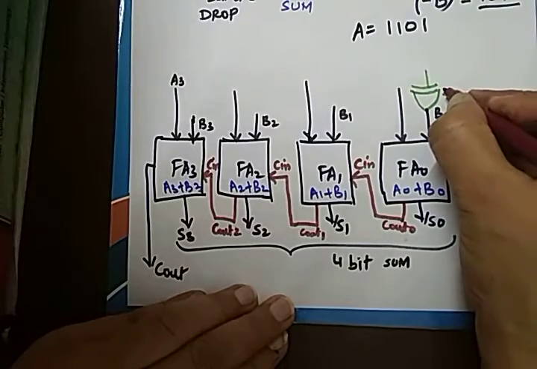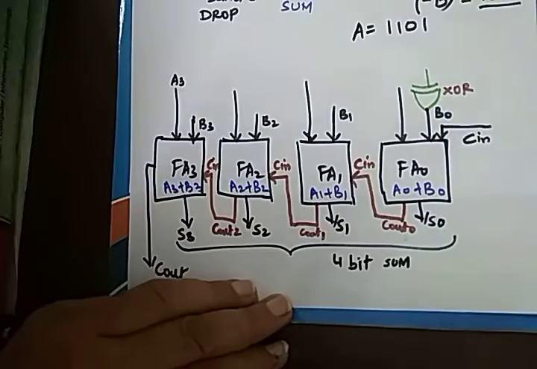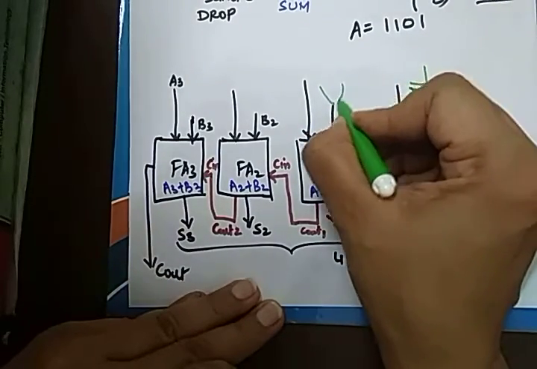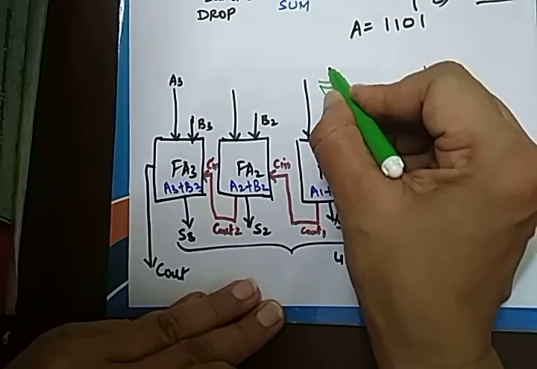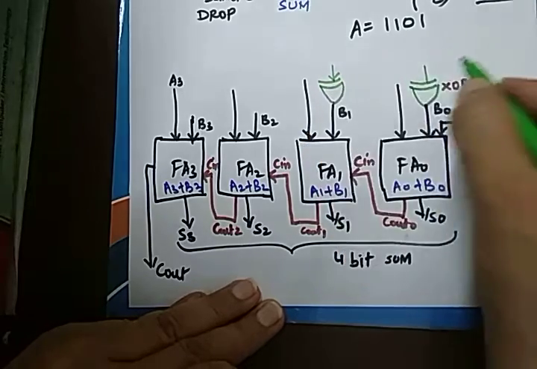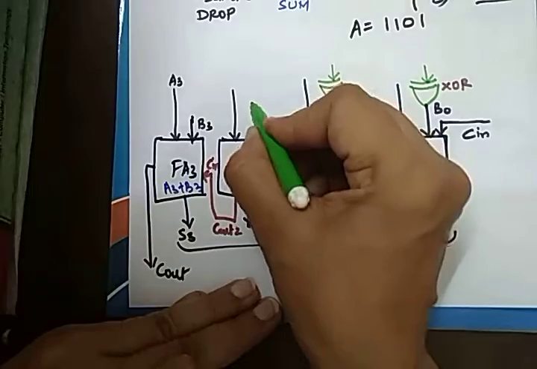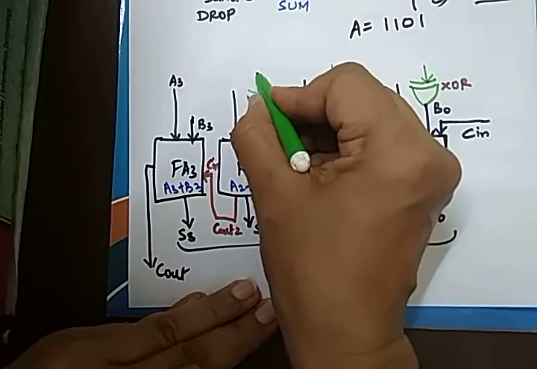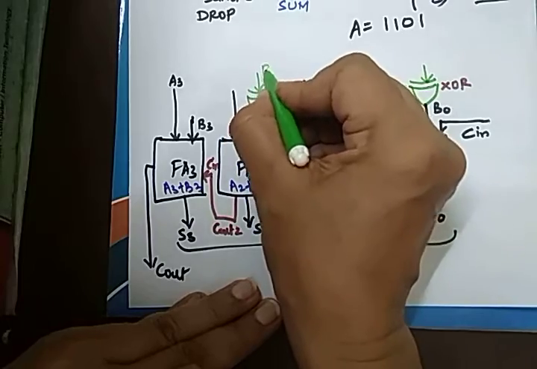This is an XOR. So in every B input, there is an XOR gate connected like this, the B input is passing through the XOR gate. So there is one XOR gate for each B input.